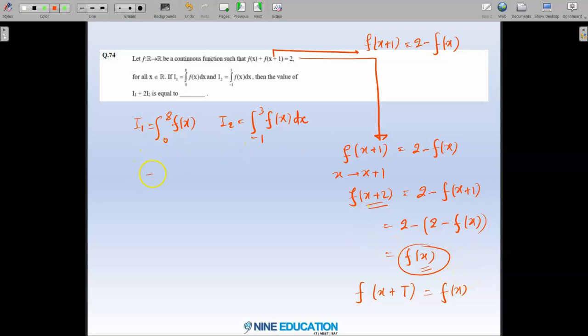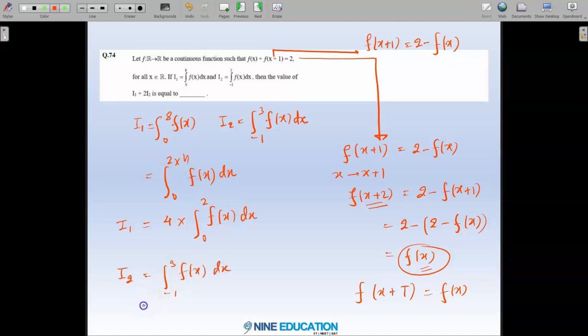Now in I1 I can definitely write this as 0 to 2 times 4 of f(x). You can say it is 4 times the integration 0 to 2 f(x) dx, right? So let's suppose this is equation 1, and now if you observe I2 is from minus 1 to 3 f(x) dx.